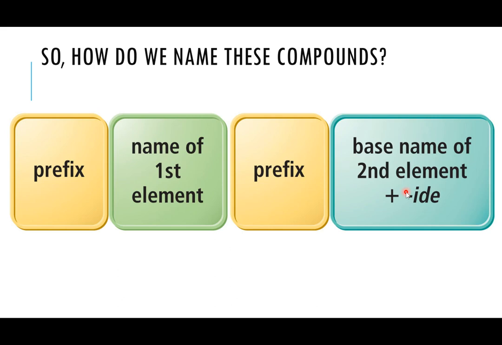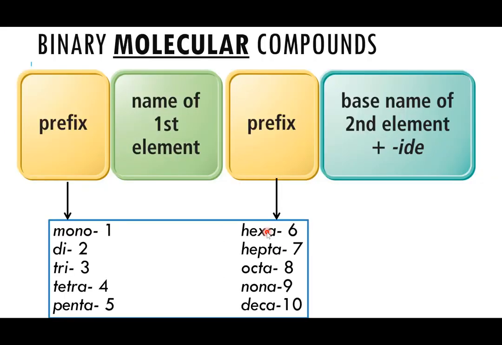So that should look very, very similar. The difference here, again, are these yellow boxes. So because we can have this variety of different atoms that come together, we have to tell the viewer how many of each atom we have. So we're going to do that with prefixes.